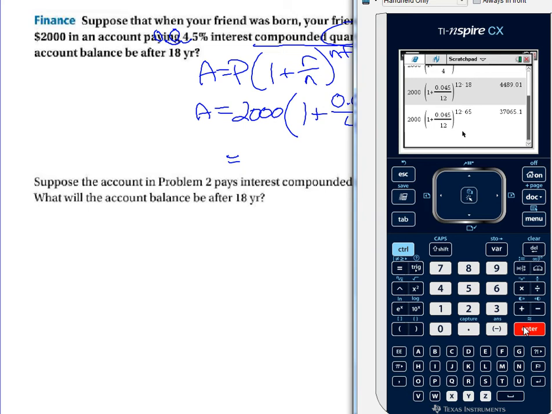So it doesn't seem like a lot of money, but it is a lot of money over a long period of time. So that's why you want to shop around. Even a small difference in an interest rate, or something as subtle as compounding quarterly versus compounding monthly, any of those things can have a huge impact on how much money you have down the road when you turn 18 or when you retire, or when your kids are born, or whatever it is that you're doing, okay?